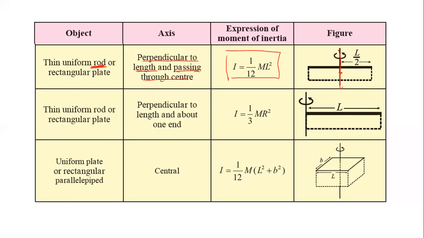Now same uniform rod, or the plate, but the axis is perpendicular to length and about one end. So about one end, you can see the axis which is passing through one end. The moment of inertia is 1 by 3 ml square. It's an l, because rod doesn't have radius, so it's a length.